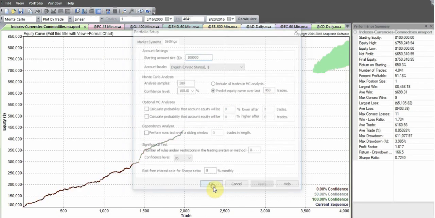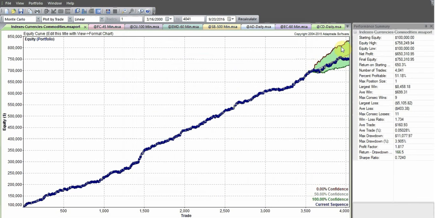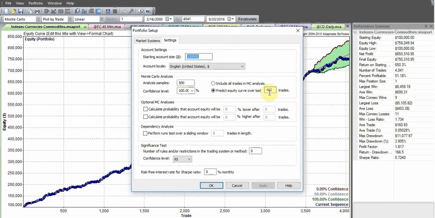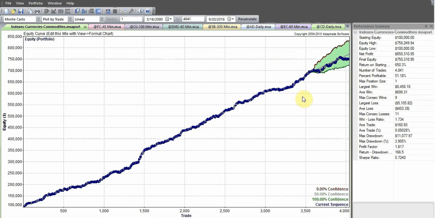Now this test is something very interesting. By making a Monte Carlo test over the historical trades, assuming this random reshuffle of trades with a Monte Carlo approach over the last trades, in this case I say to the software over the last 450 trades, you get this predict equity curve, which tells me how healthy my portfolio is.